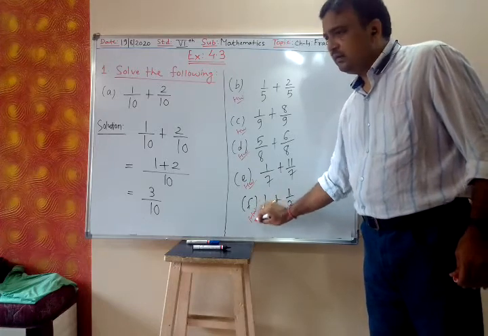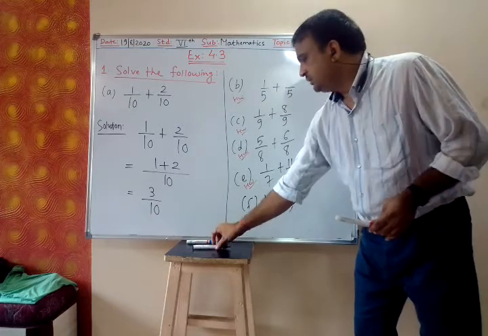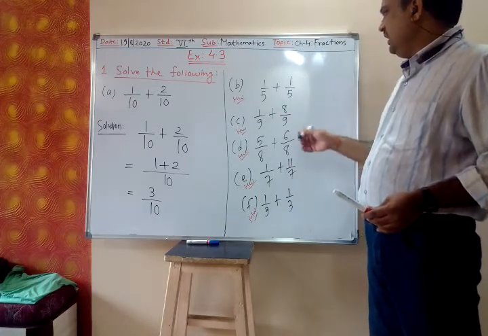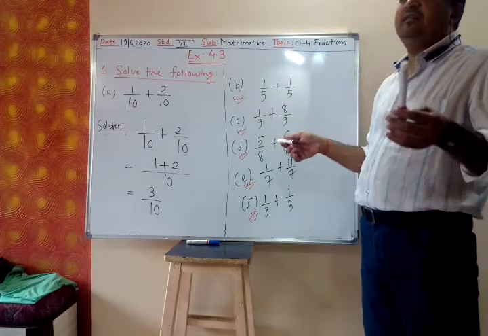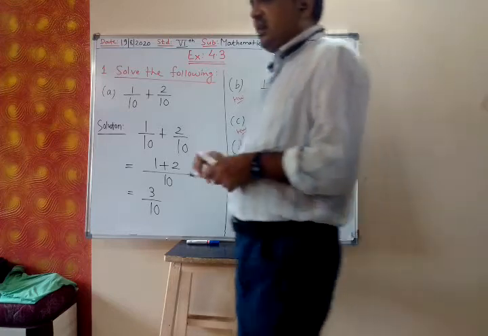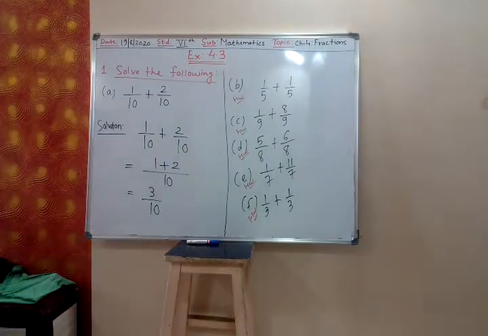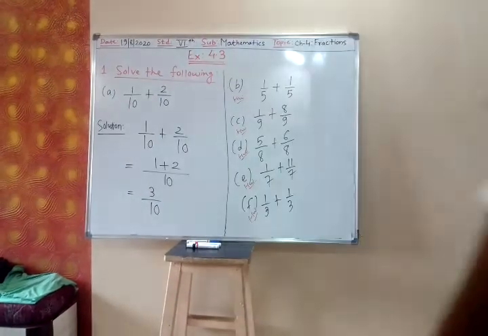1 upon 9 plus 8 upon 9 will be 1 plus 8, 9 upon 9. 9 upon 9 will be 1. You can cancel the 9 and 9.